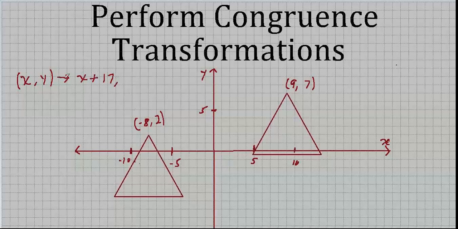So, x plus 17 because we added 17 here, or in other words, we went 17 units to the right. And y plus 5 because we went up 5 units. And that's the way we would write this. This tells you that for any given point, that point will shift 17 units right and 5 units up. And that's how we describe a translation.